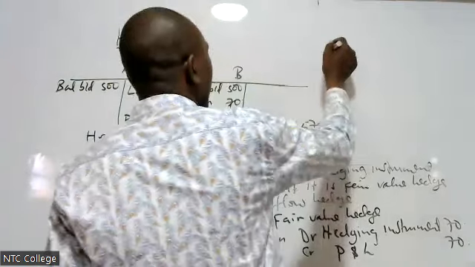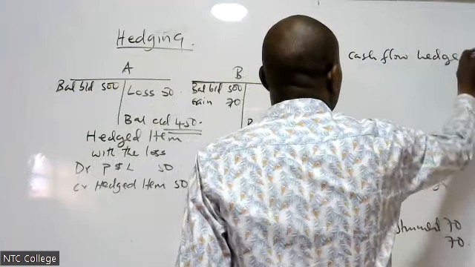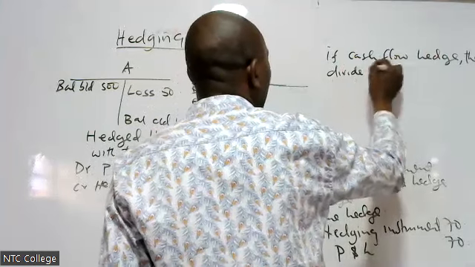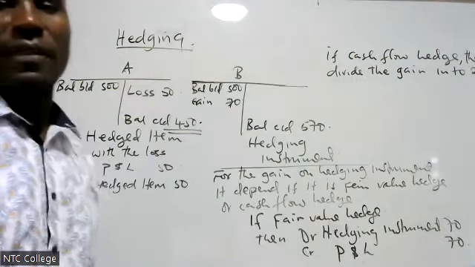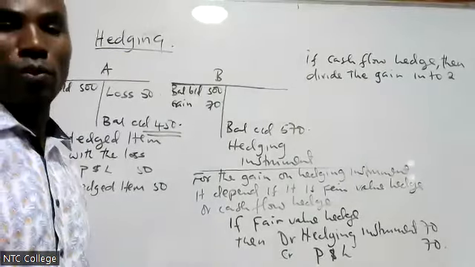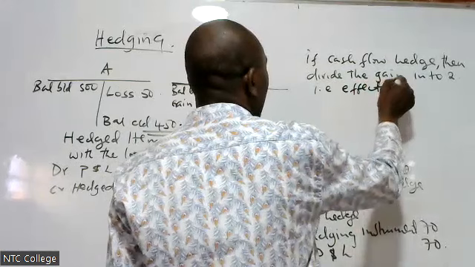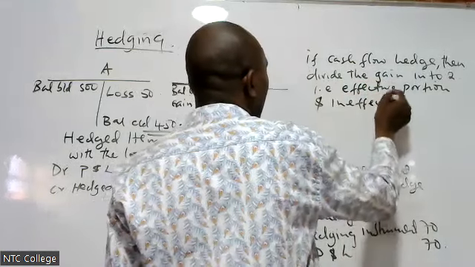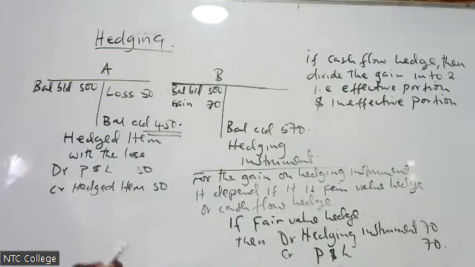If it is a cash flow hedge, then divide the gain into two, i.e. the effective portion and the ineffective portion.